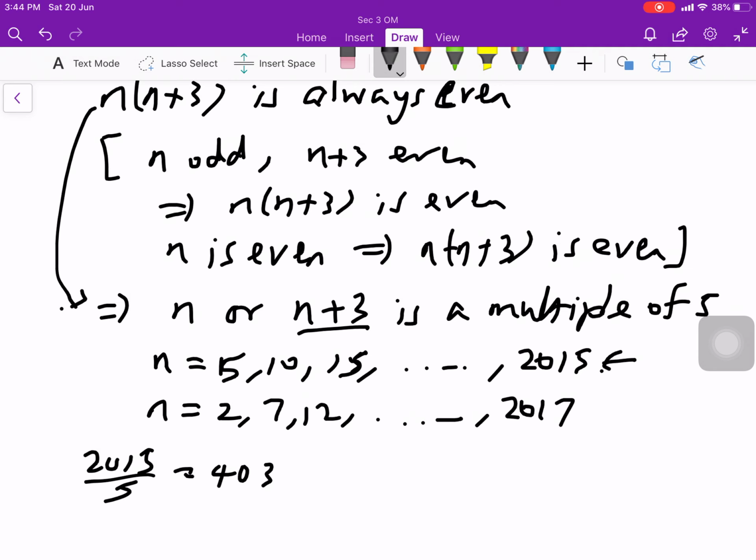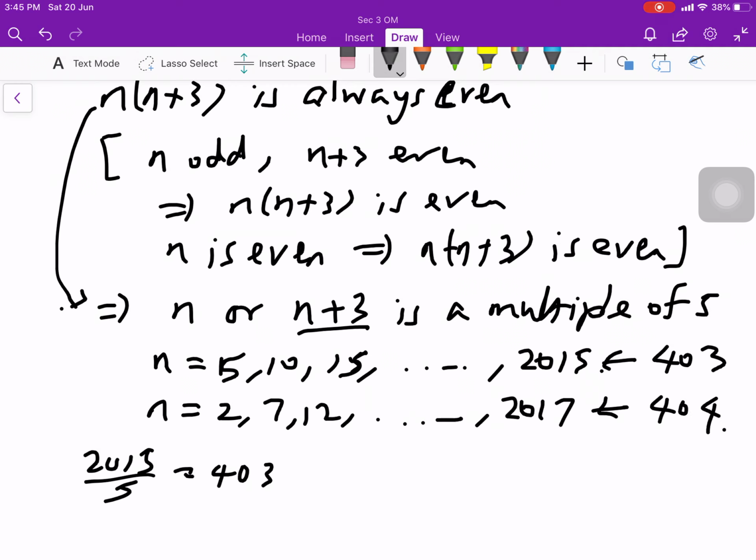Therefore, there are 403 numbers that are multiples of 5. Then if you look at 2017, you will get 404 numbers.